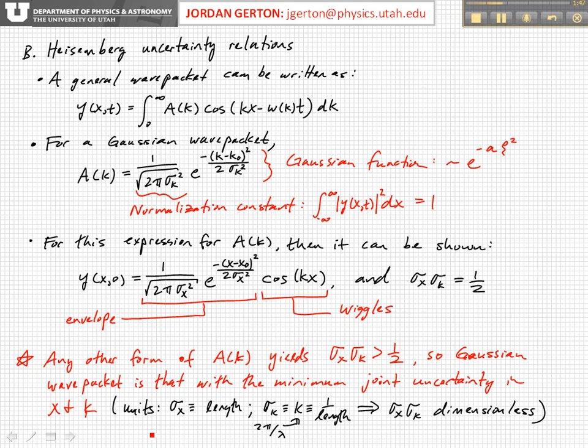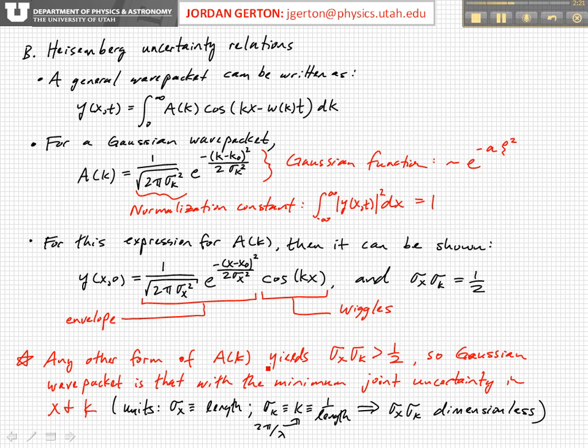And furthermore, this Gaussian wave packet actually has the minimum joint uncertainty in x and k, meaning that the product of sigma x times sigma k equals a half, and that's the smallest that it can be. So any other distribution of wave number values, any other one, will yield a value of sigma x sigma k greater than a half.